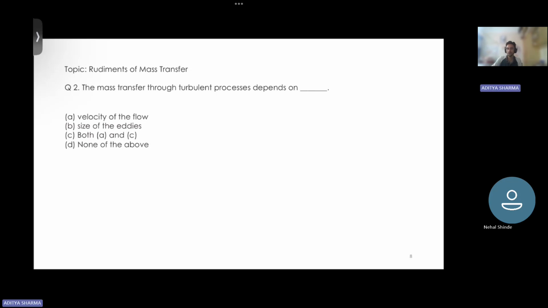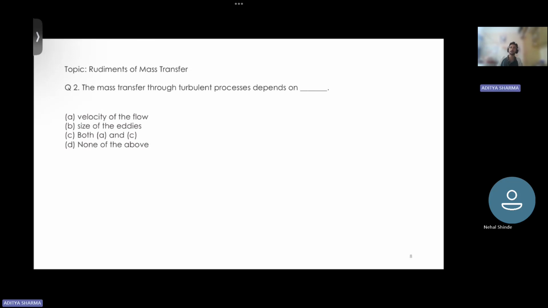So there are ways by which your mass transfer takes place. Nehal is saying velocity of the flow. So what I was saying is that there are ways by which your mass transfer takes place.